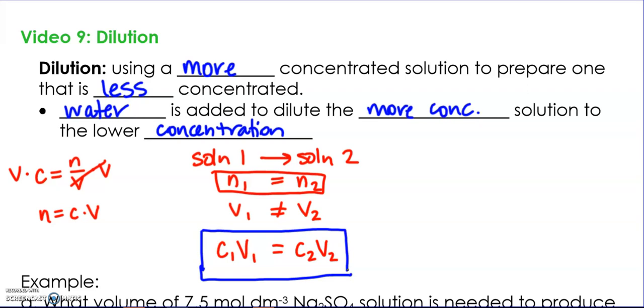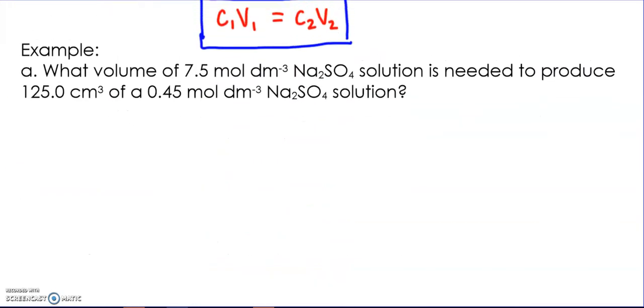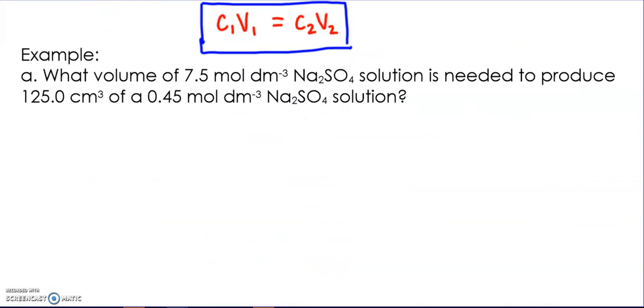So let's go through an example here. It says: what volume of 7.5 moles per decimeter cubed sodium sulfate solution is needed to produce, and I'm going to change this number, you should too, 100 centimeters cubed of a 0.45 moles per decimeter cubed sodium sulfate solution. So we have all these numbers. What do they mean?